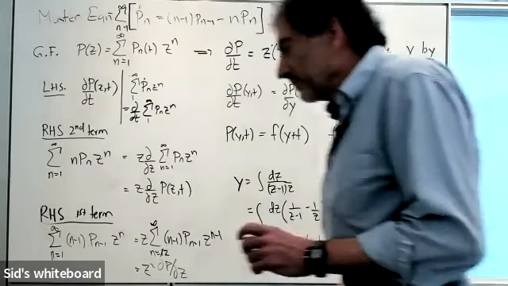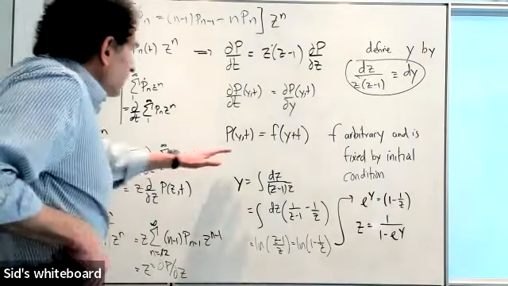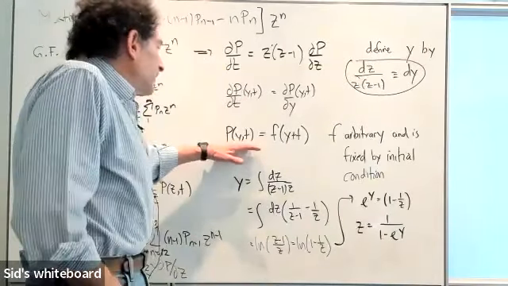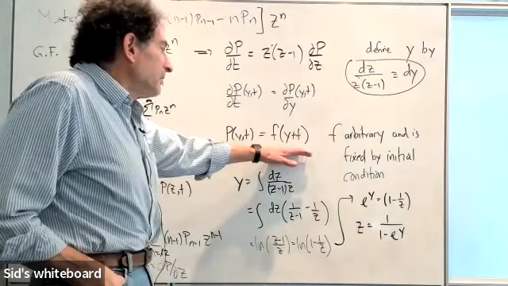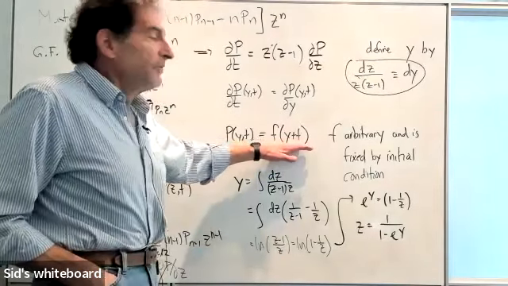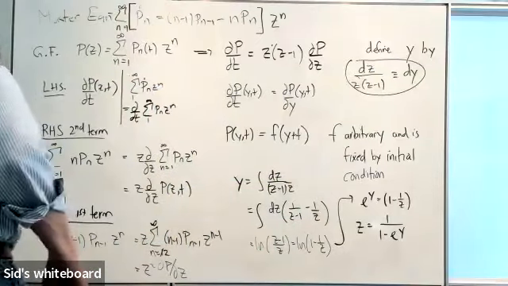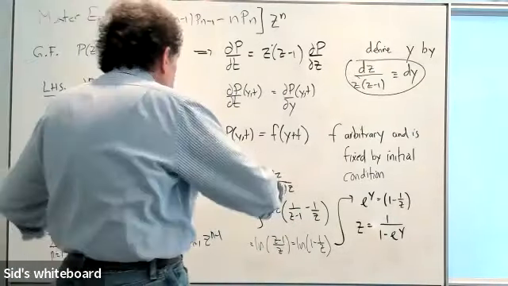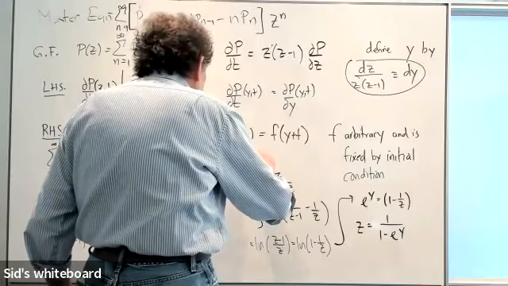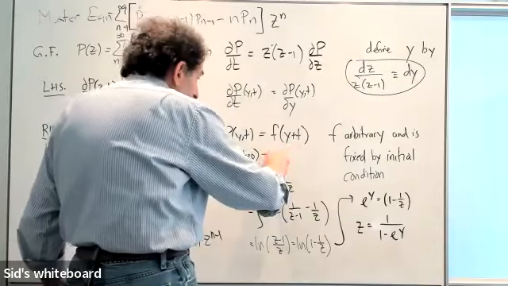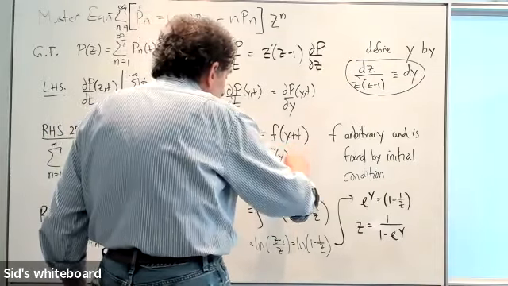Okay, so now what we need to do to solve this problem is, as I mentioned, the generating function in y coordinates is an arbitrary function of y plus t, but the arbitrary function is actually fixed by the initial condition. So let's look at what happens at t equals 0. P of y at t equals 0 is just the arbitrary function evaluated at t equals 0, so that's f of y.